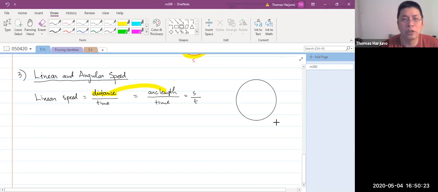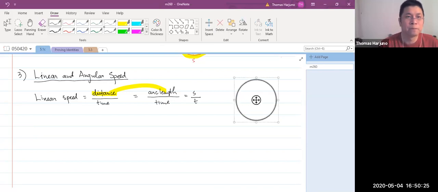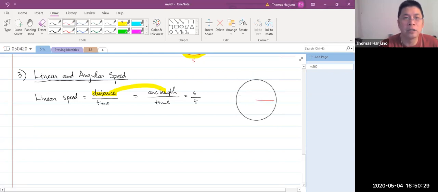So suppose this is my circle and this is my radius. Now the distance traveled, let's say it's this one here. This is the arc length, the distance traveled over a certain period of time.